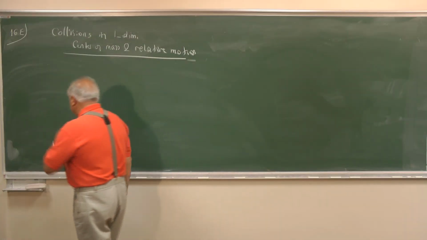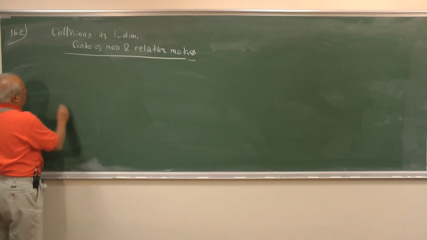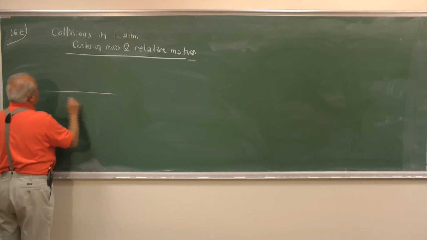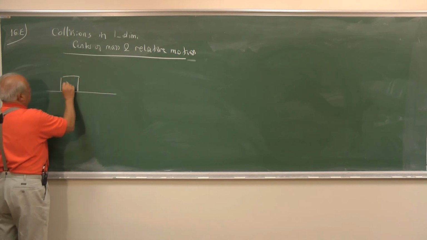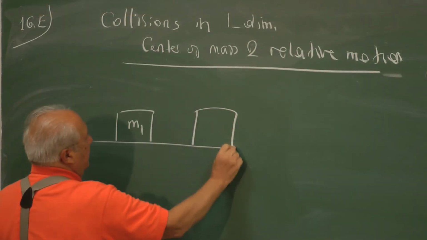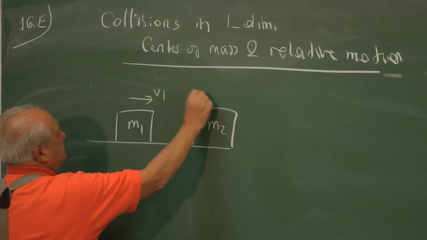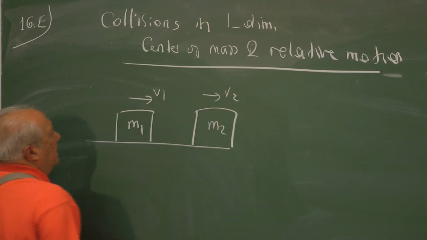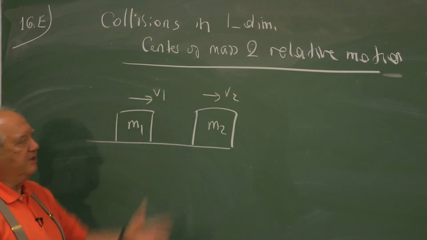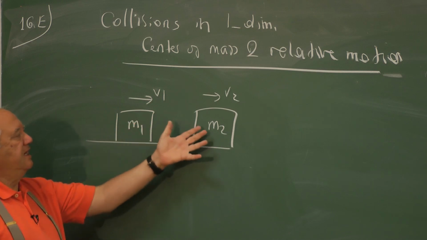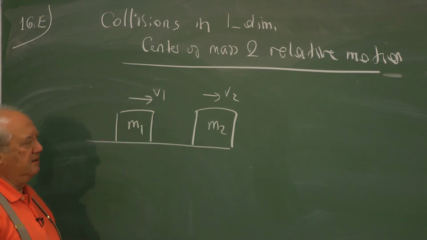All right. So, for example, in one dimension, we have two objects, m1, m2, and they have velocities v1, v2. If v1 is larger than v2, it will eventually catch up and there will be a collision.